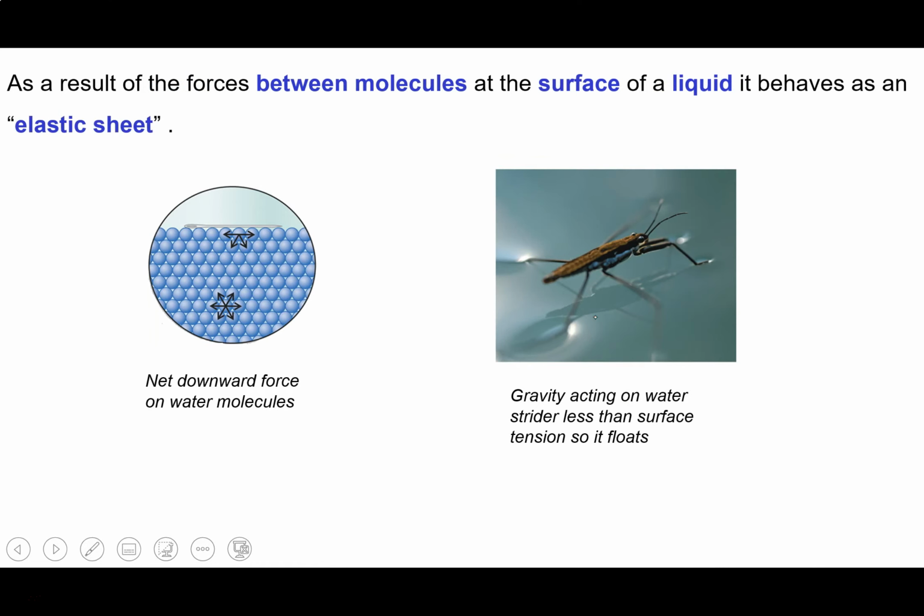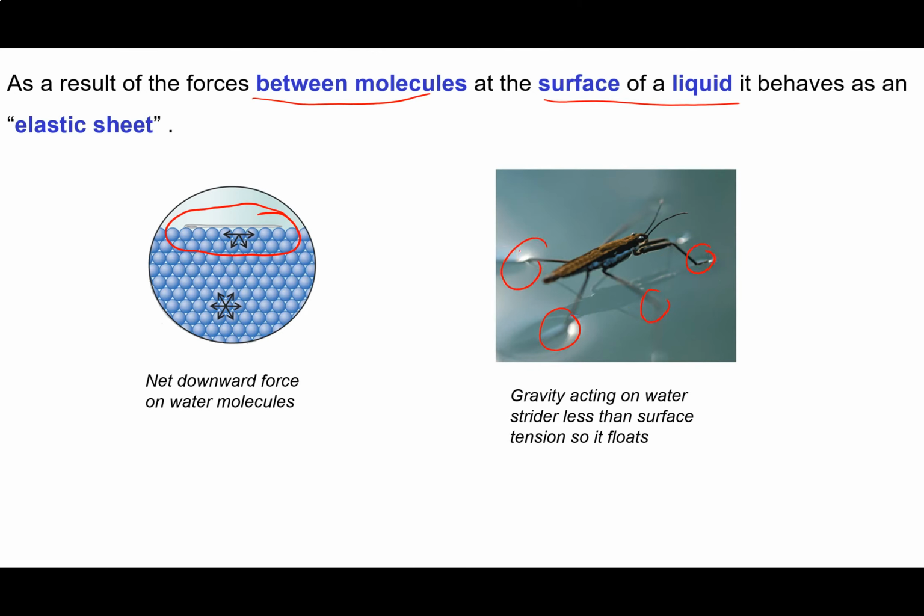As a result of forces between molecules at the surface of a liquid, this surface tension often manifests with the surface of the liquid acting like an elastic sheet. And so some interesting things can happen. Even though this needle sitting on the surface of this liquid has higher density than the liquid, it floats because in order for it to sink, it'd have to make more surface. Interparticle forces would have to be broken. Some critters take advantage of that, like little water striders.